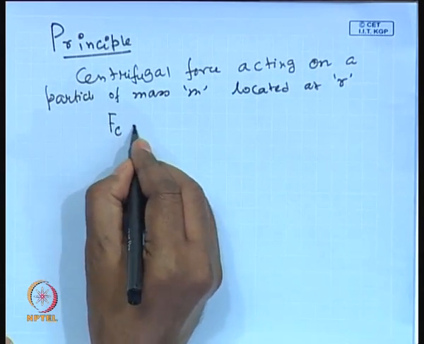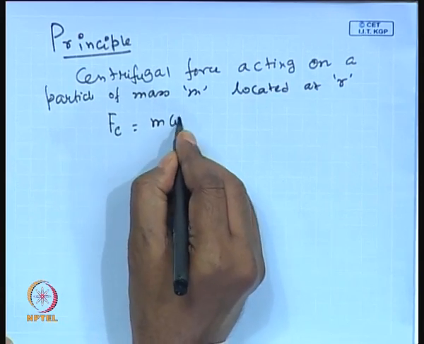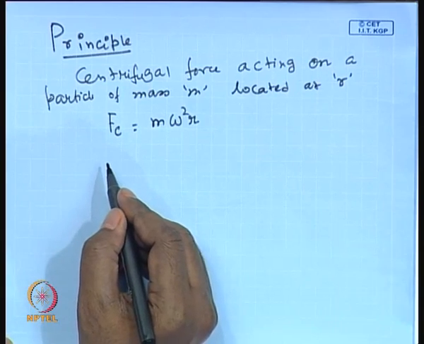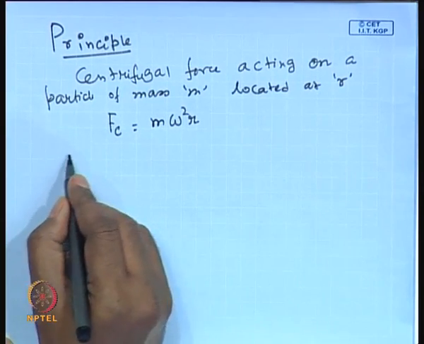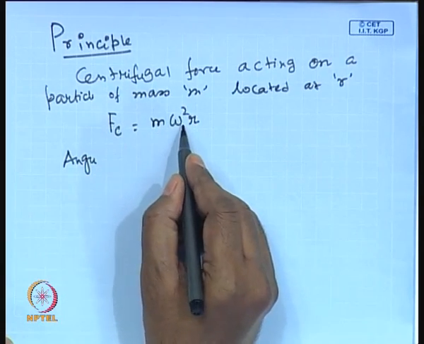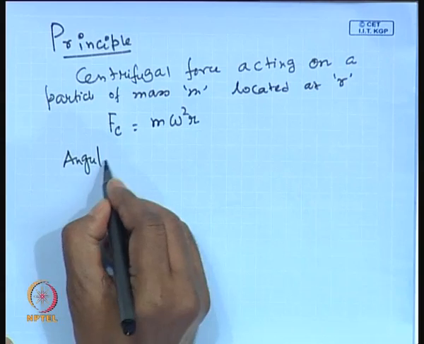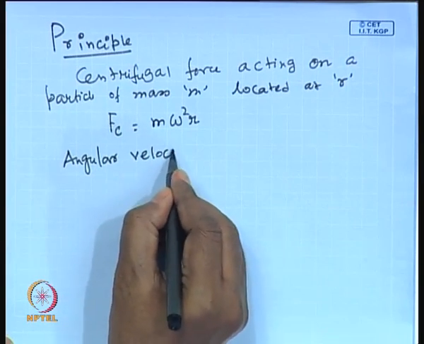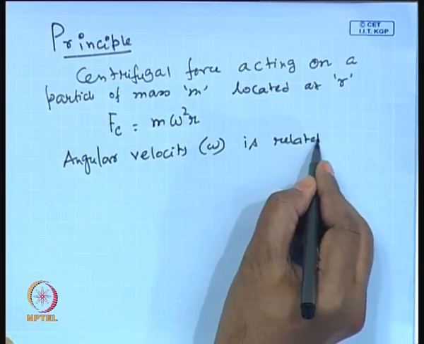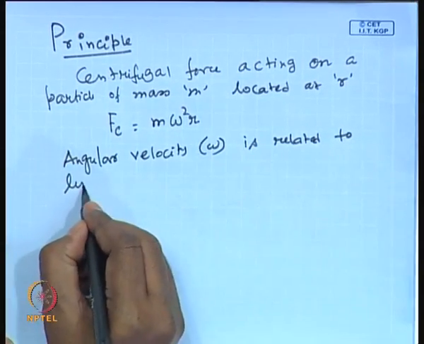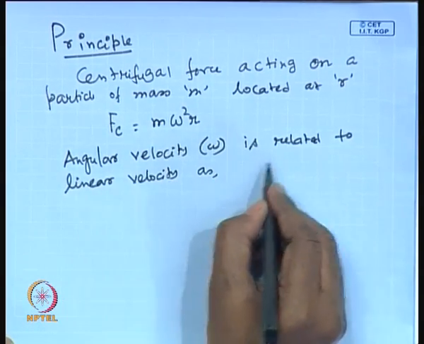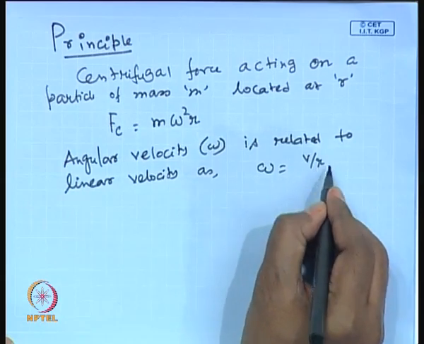The force is represented by F c is equal to m omega square r. Here m is the mass, omega is the angular velocity, and r is the radial distance. The angular velocity omega is related to the linear velocity v as omega is equal to v by r.